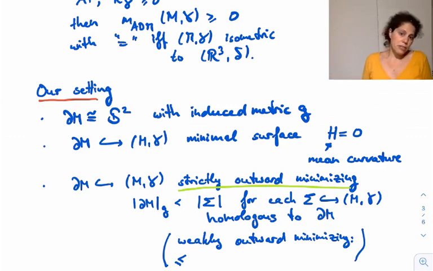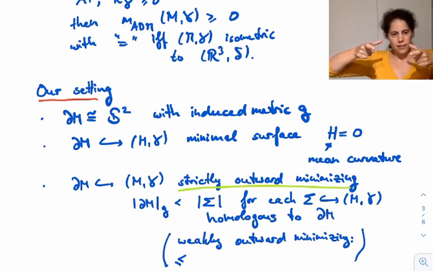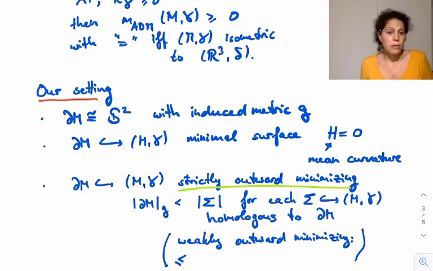And also we will require that it is strictly outward minimizing in the sense that its area is strictly less than the area of any other surface which is homologous and sits outside it in the manifold. And we'll also briefly use the notion of being weakly outward minimizing, where the strictly less than becomes less than or equal to in this area comparison.